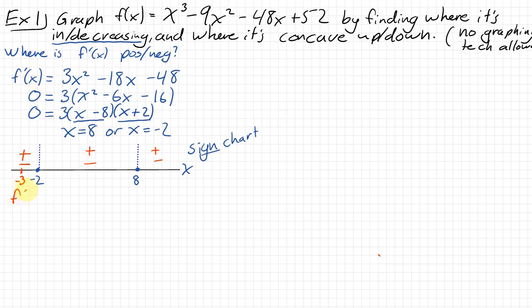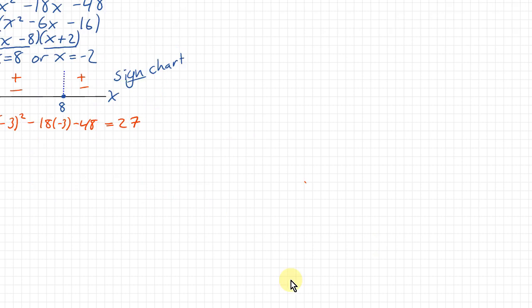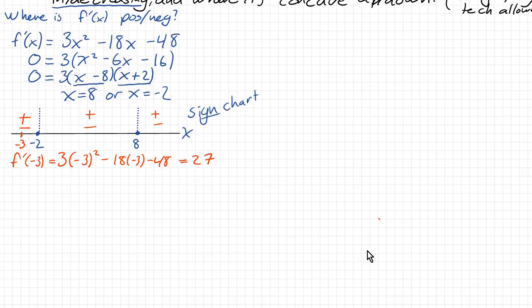So f prime of -3, if we do all of this arithmetic, will become 27, which is a positive number, which means that f prime of x is not negative ever for any values of x less than -2. So if you plug in -2.1 or -5 or anything into f prime, it's guaranteed to always be positive because there's no way it could cross the x-axis again, because we found out the only places where it crosses the x-axis are right here. So that's that.